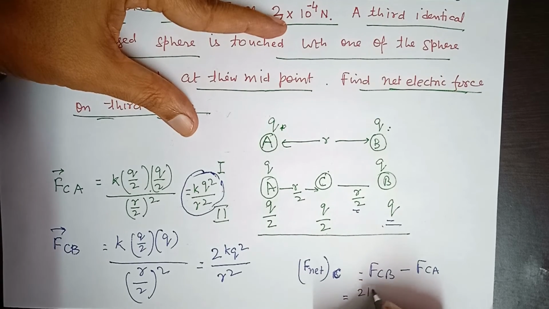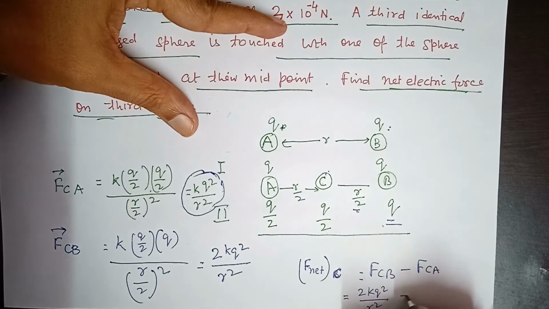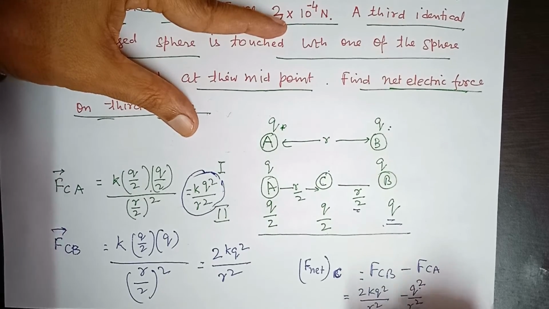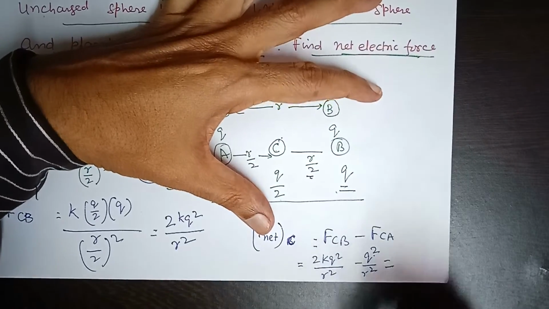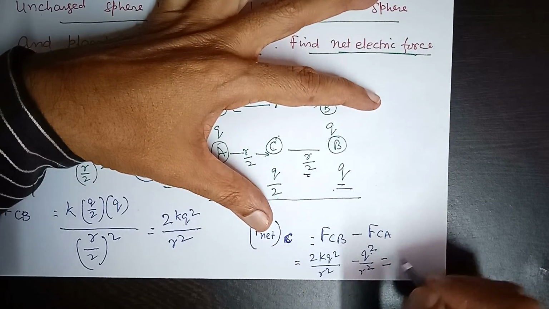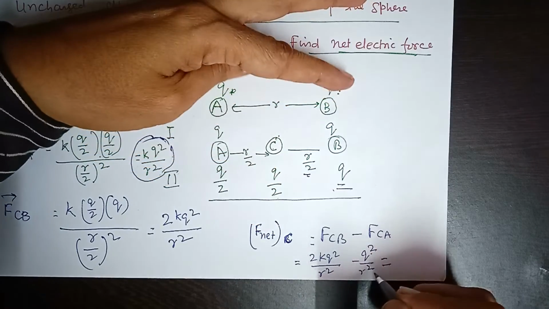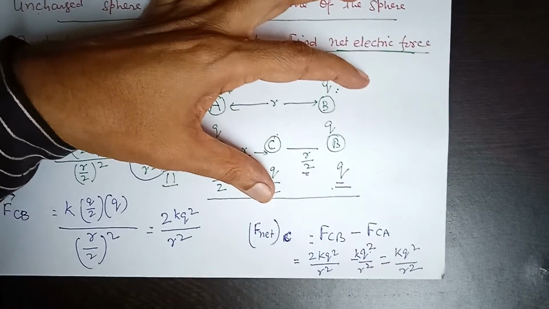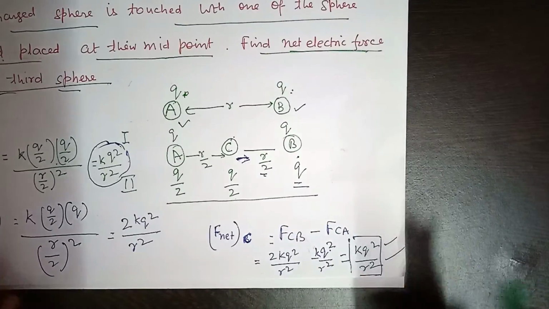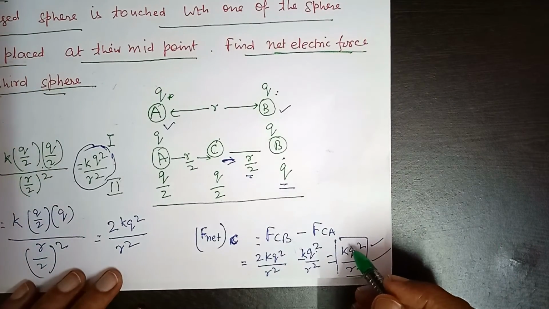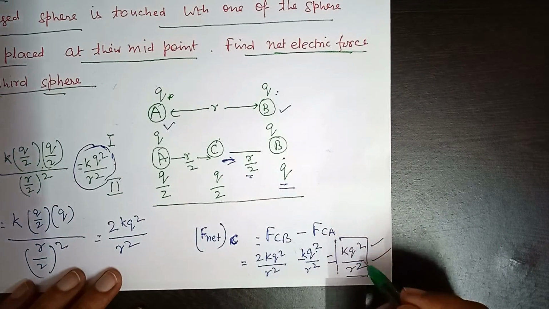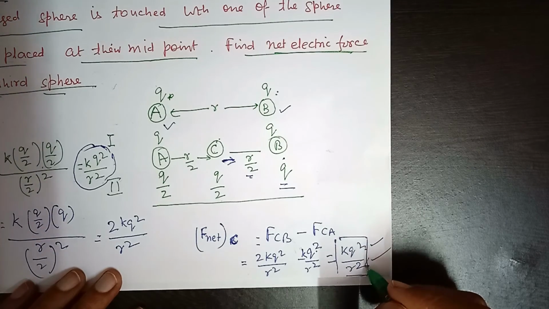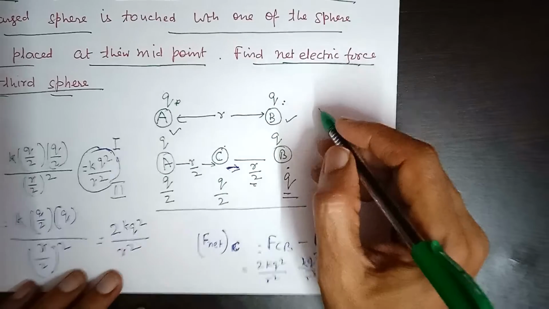Then it will be 2 K Q square divided by R square minus K Q square divided by R square. If we simplify it, that will be equal to K Q square by R square. So the net force will be equal to K Q square divided by R square.